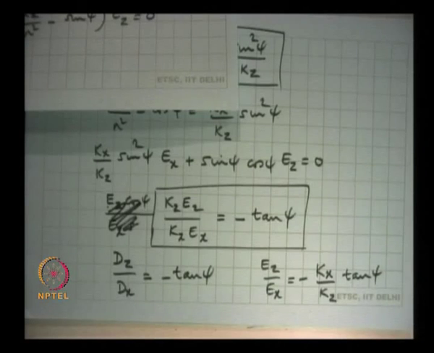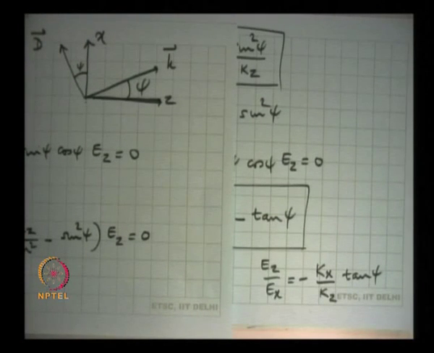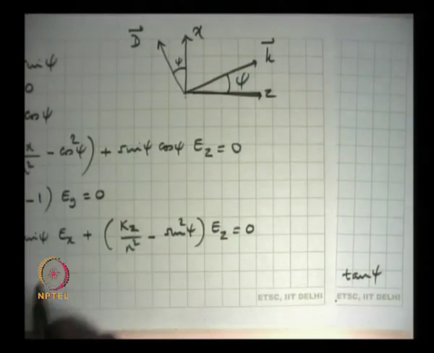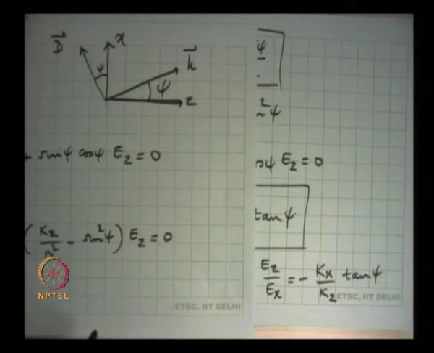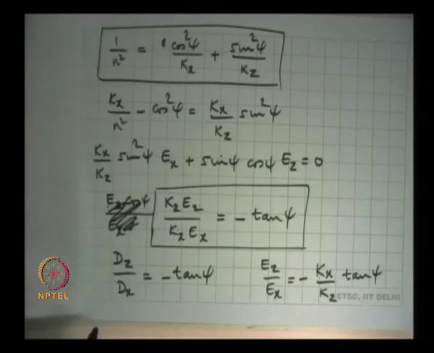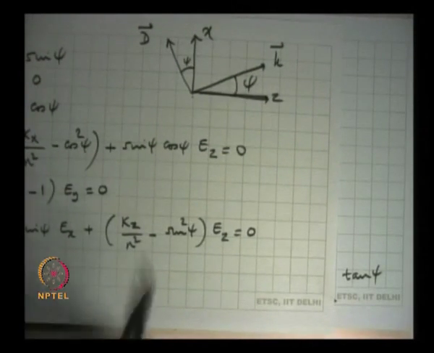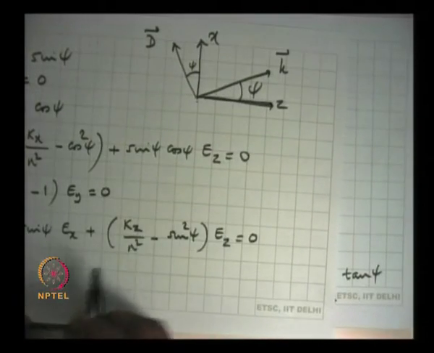So, if kx is greater than kz, where should I draw the E vector? It will be to the left or to the right of the D vector. Ez by Ex will be bigger than Dz by Dx, right. So, the E vector has to be here or here, between the D vector and x vector, or on the other side.